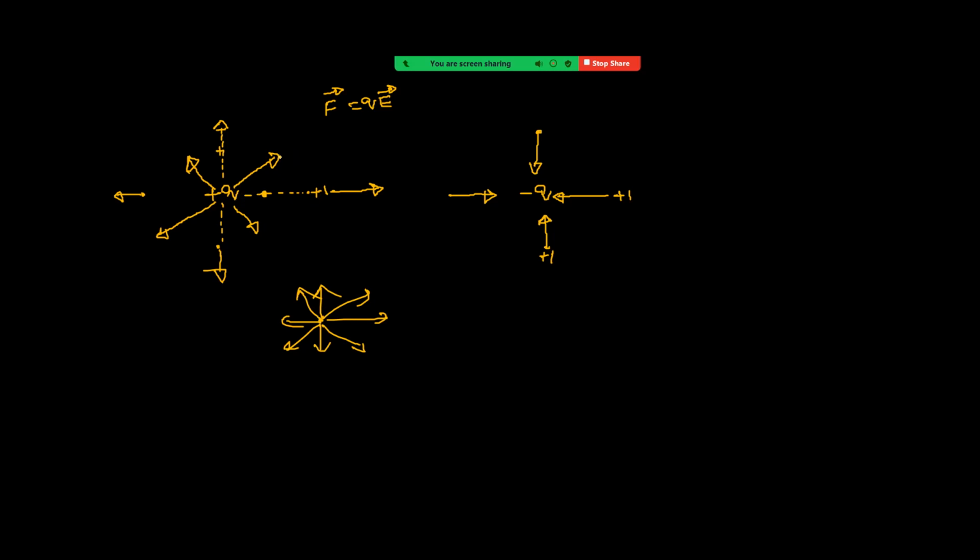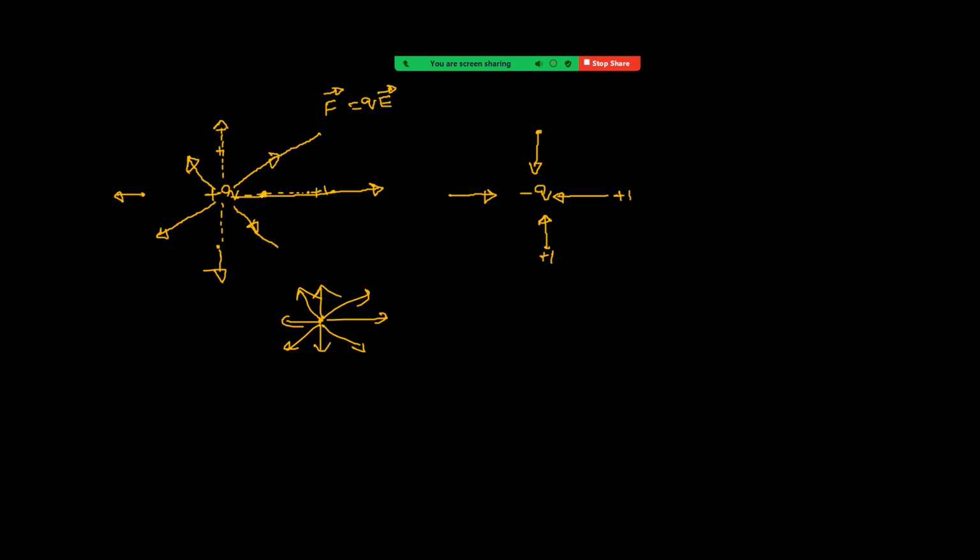As we draw lines away from charge Q, you can see the separation between the lines is increasing, right? More separation means the strength of the field is less. Closer to the charge, the line separation is less.